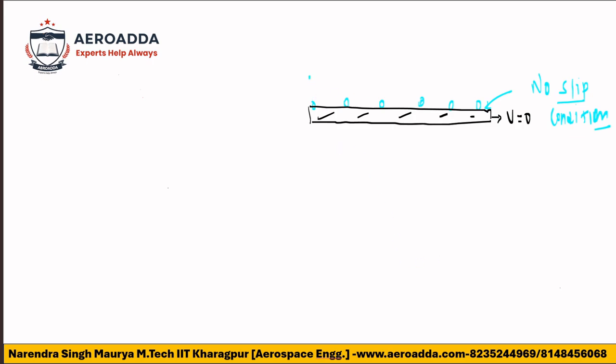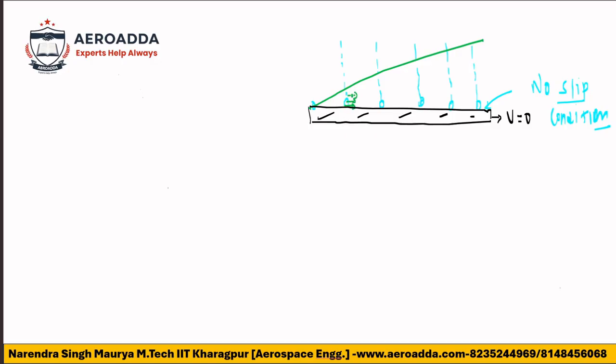But as you move in the forward direction, here I'm talking about inside the boundary layer. It is a very short explanation I'm giving. Somewhat like this, if you see the velocity here, it is zero.